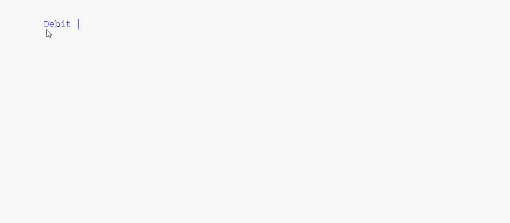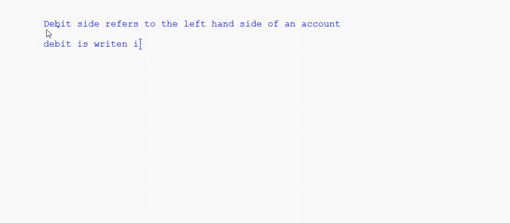Debit is basically the debit side refers to the left hand side of an account, and in short we write debit as DR, like this, right?